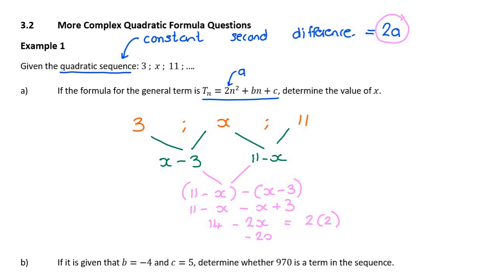So I land up getting negative 2x is negative 10, because 4 minus 14, and x is equal to 5. So just to link that in our notes, the second difference was actually given to me because they told me what a is. So a really nice way of testing that you know that the second difference is 2a.